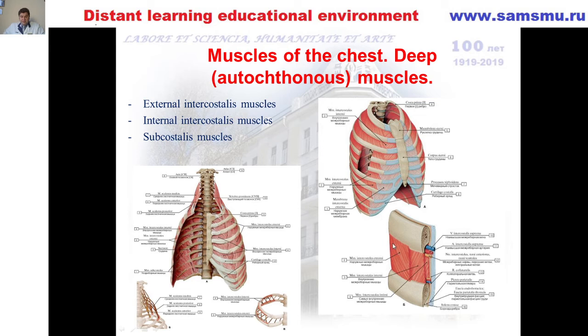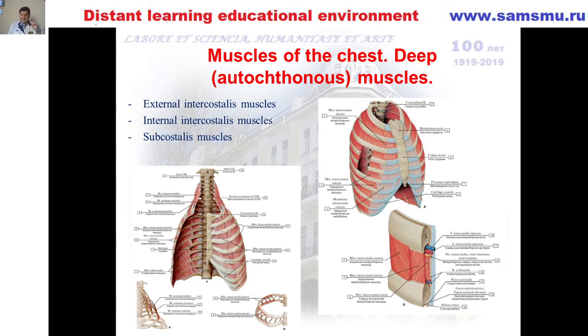So next, the internal intercostal muscles, musculi intercostales interni, are under the external muscles, and the direction of their fibers is opposite to that of the fibers of the latter, which they intersect at an angle. Originating from the superior border of the contiguous rib below, they extend anteriorly and attach to the contiguous rib above.